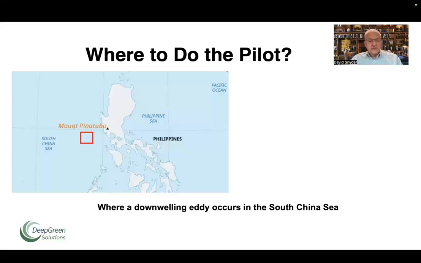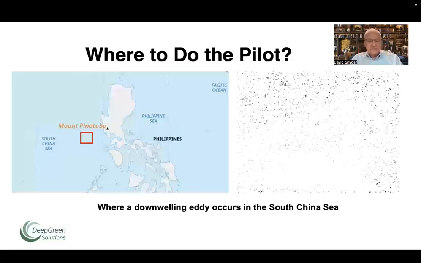So where to do this pilot? Well, the Mount Pinatubo volcano occurred in the Philippines back in 1991 and deposited a lot of ash into the South China Sea. We think that doing a test in a 100 kilometer by 100 kilometer area downwind of the location of the volcano is a good place to start.